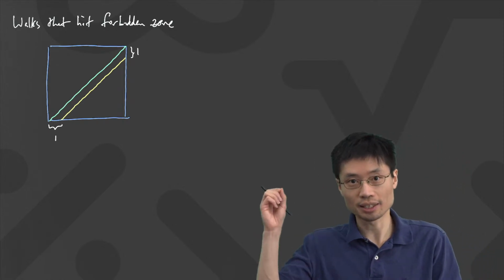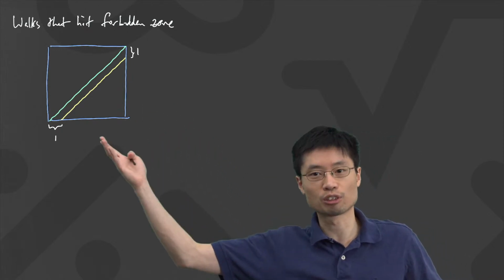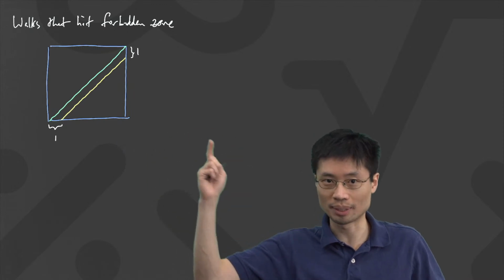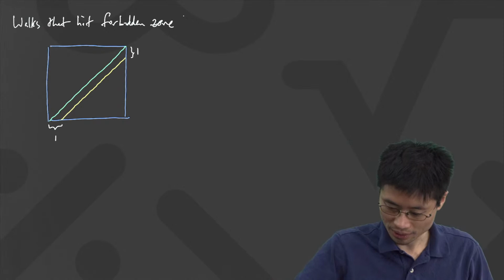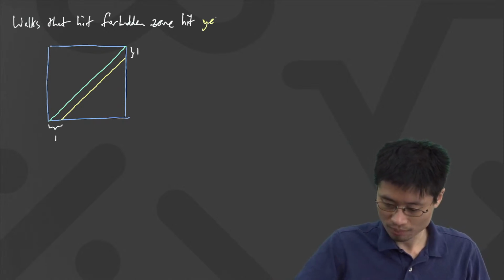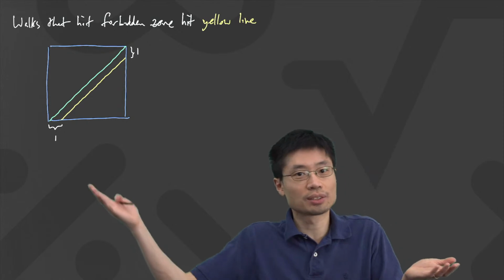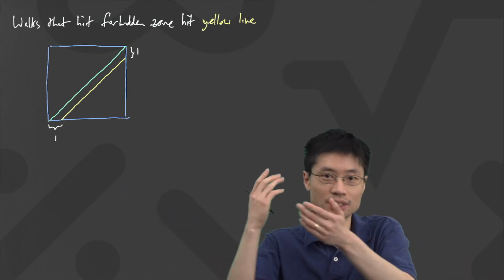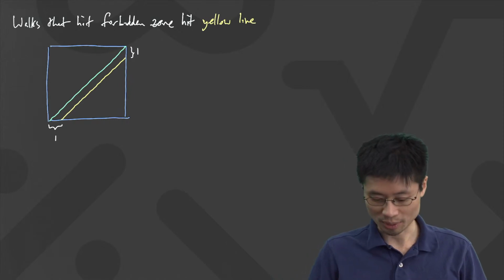Forbidden zone means I actually hit the yellow thing, right? The only way you could enter the forbidden zone is you actually legitimately hit the yellow line. Is that observation clear? If I want to count how many ways do I enter the forbidden zone, the moment you touch the yellow line, bang, you hit the forbidden zone. Let me draw one of these paths.